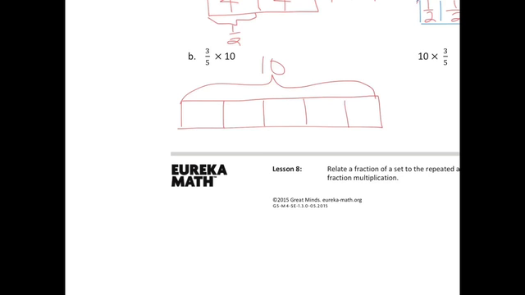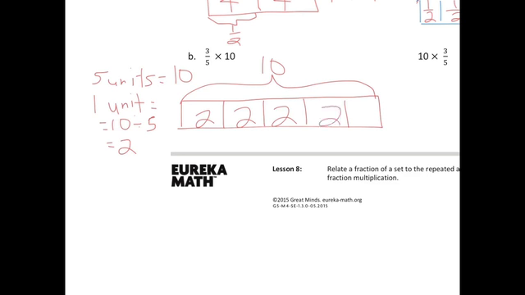So we just did 5 units equals 10. 1 unit is going to be 10 divided by 5, which would equal 2. So these are all 2. But we want to find out what 3/5 of 10 is. So I'm looking at these 3 boxes out of 5, which should give me the answer of 6.